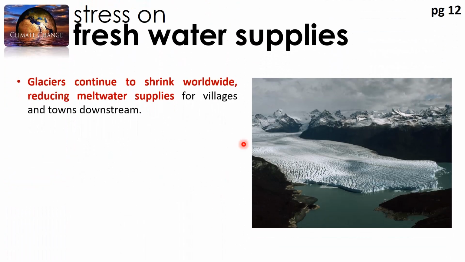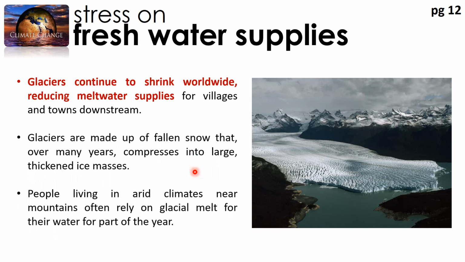Now, this is when I talk about glaciers. Glaciers are actually made up of fallen snow that over the years have compressed into large, thickened ice masses. They actually grow and they move slowly. And they are a source of fresh water.